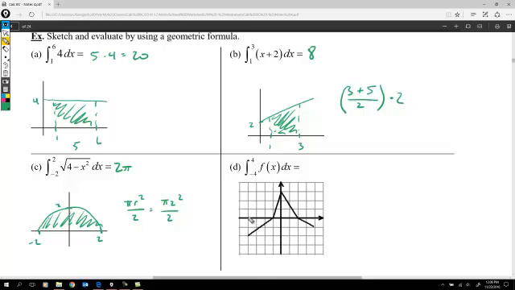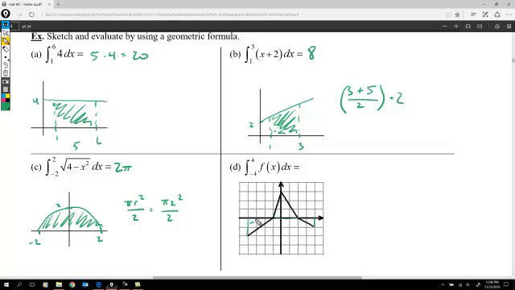Right, and then last one, I have a bunch of triangles. Now, the one thing to note about this example is that I have some triangles under the x-axis. And so I'm going to have a negative height for these because I'm going under the x-axis, which means that, again, I'm going to have a negative area. Right, so for this triangle, I have a height of -2 and a base of 3.